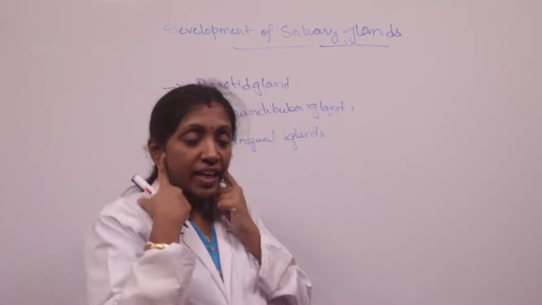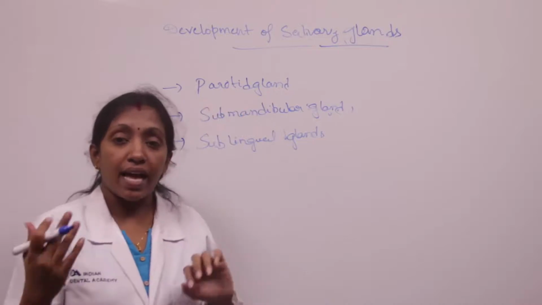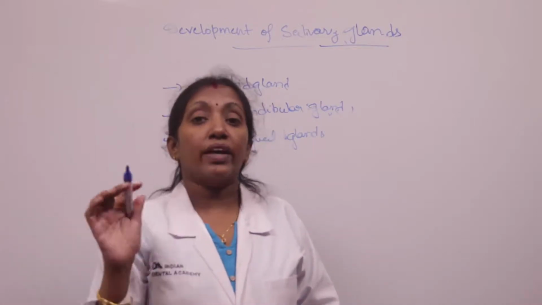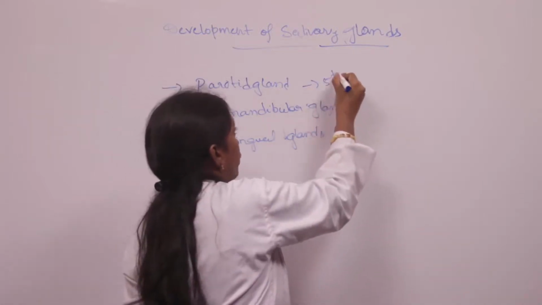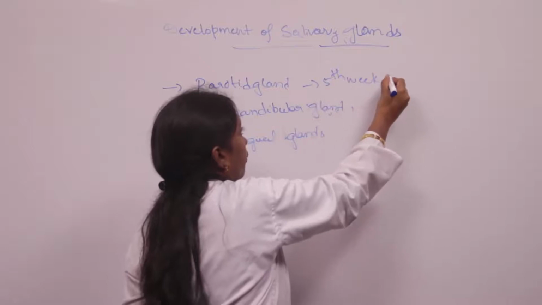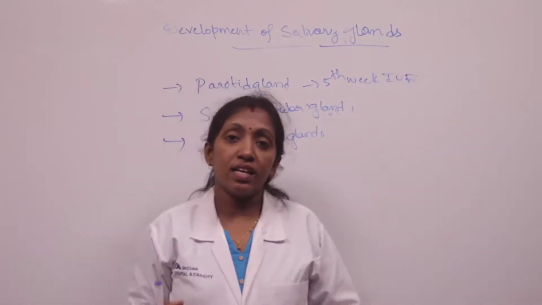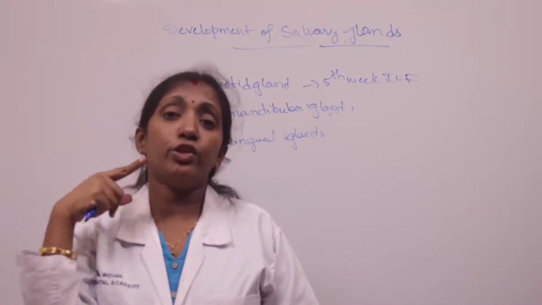The parotid gland develops as an ectodermal furrow during the 5th week of intrauterine life. Then the cells in the furrow grow further.